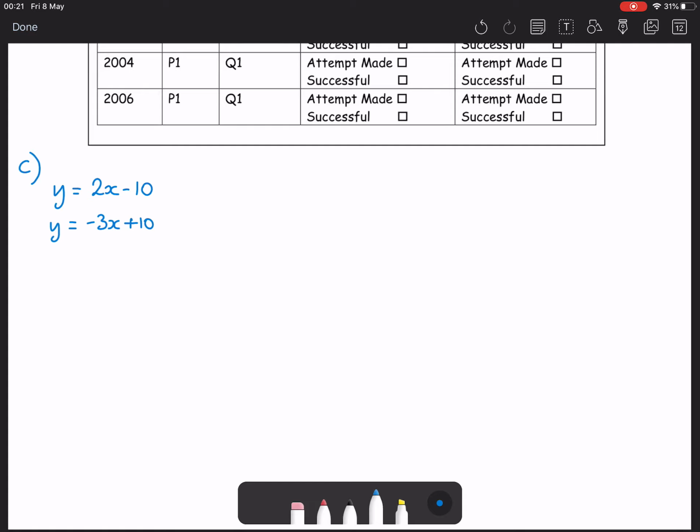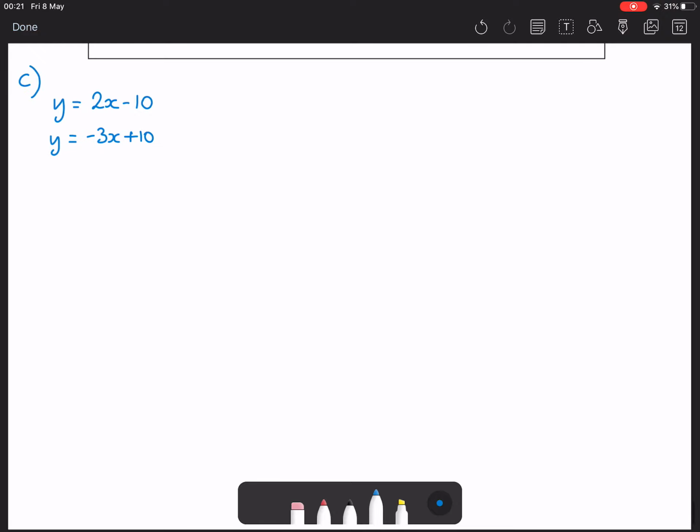And I look to try and find the point of intersection. And I'll solve this in two different ways to show you your options.